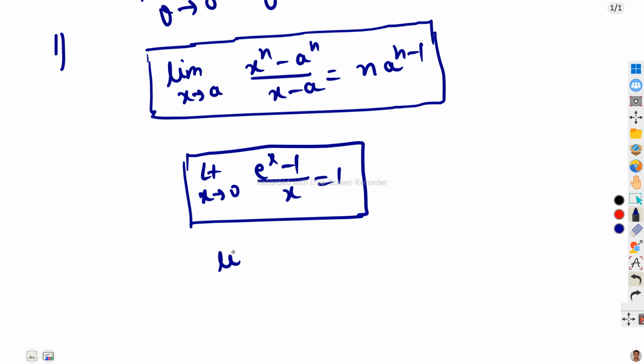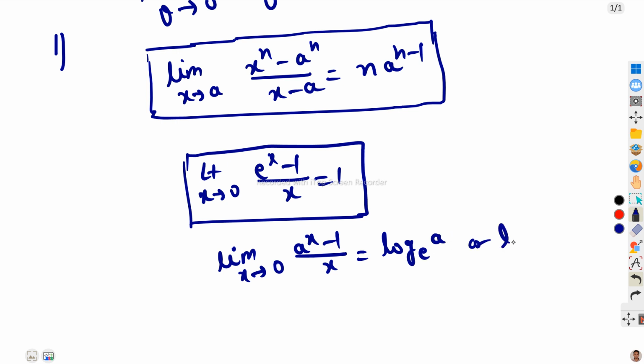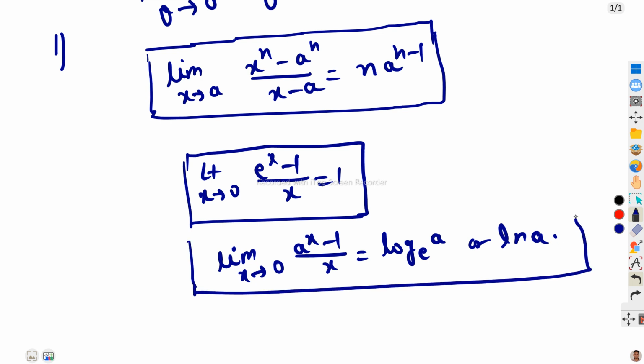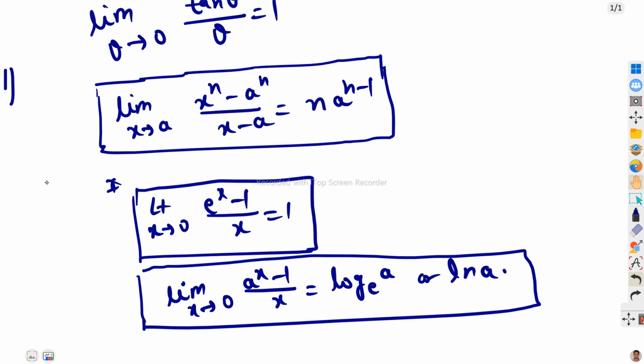Again, limit x tends to 0 of (a raised to power x minus 1) upon x equals log base e of a, or ln a, the natural log of a. This is an important formula.